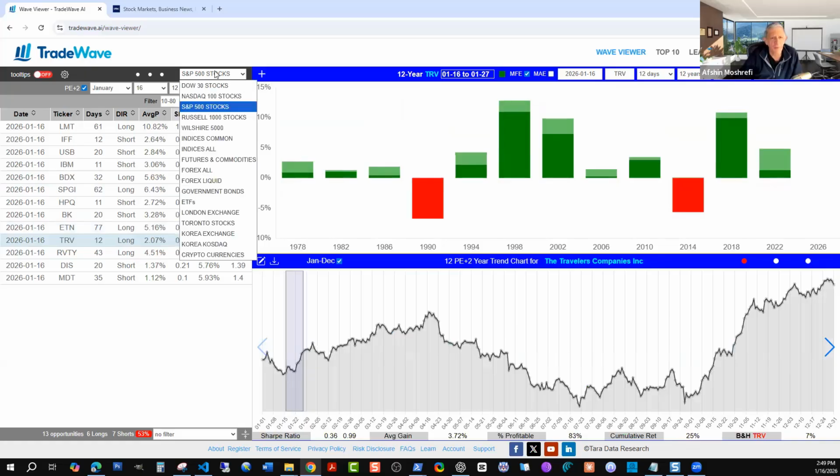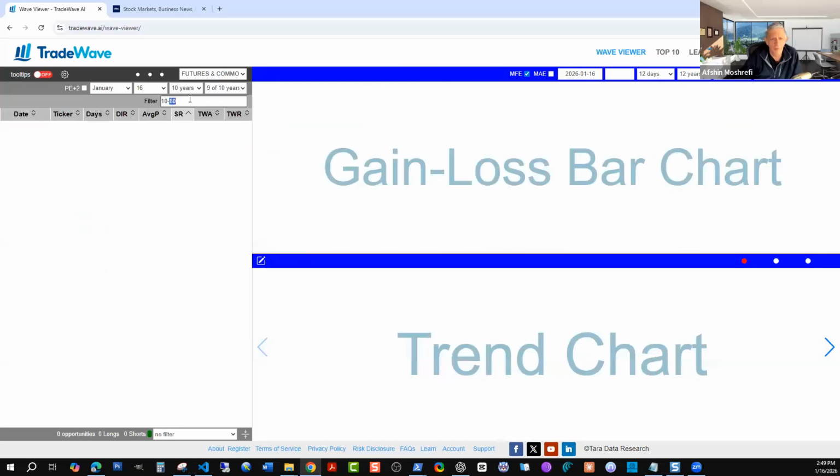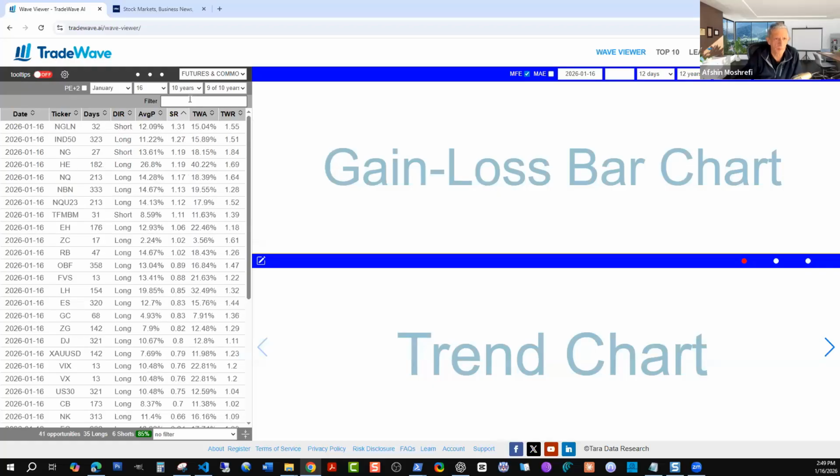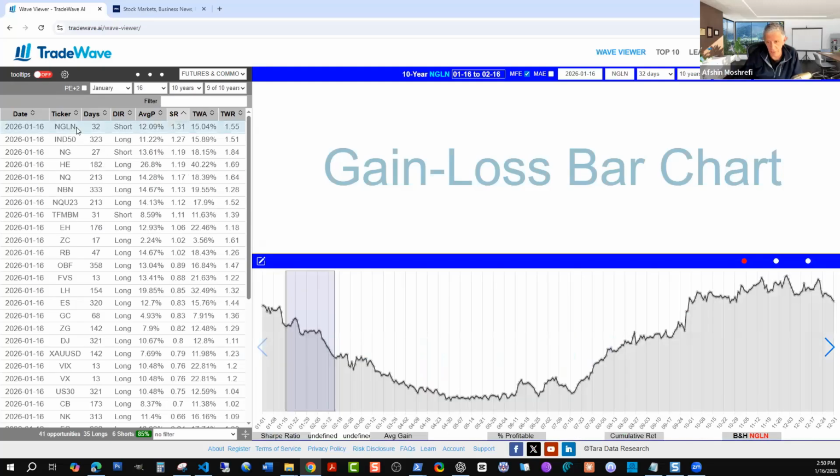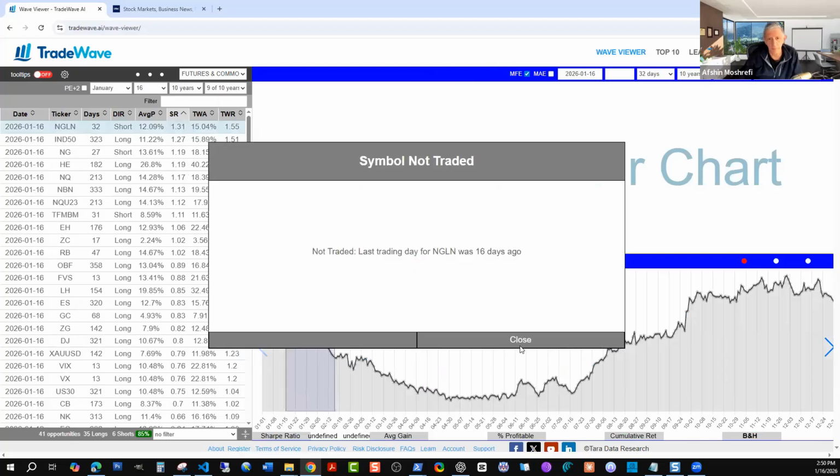I'm just going to quickly also switch to the futures. Sometimes we see very interesting things in the futures, which, depending on different times, futures literally drive the entire broader markets. I am not a futures trader, but I look at them all the time.